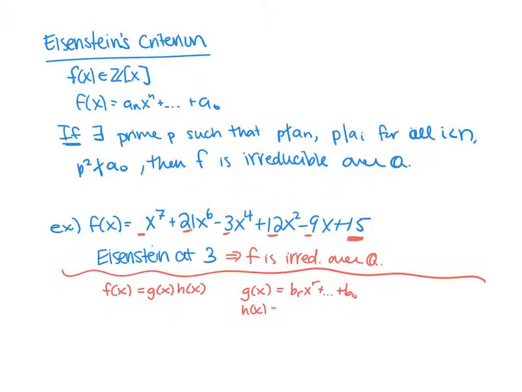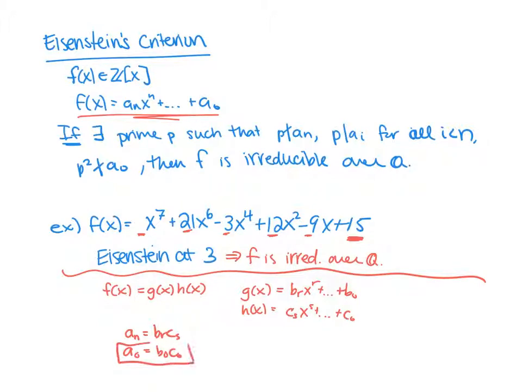And let's say the coefficients of h are c's. And let's suppose that f is as written up here, and it meets all these criteria. So then a_n is b_r c_s, and a_0 is b_0 c_0.